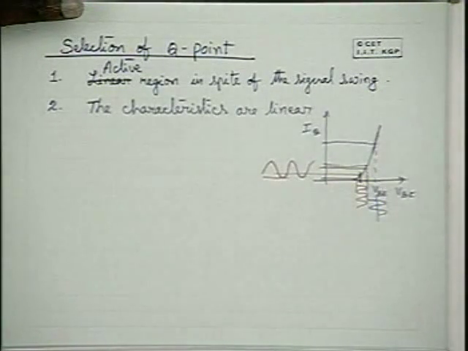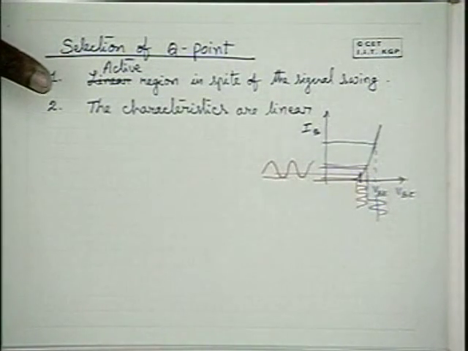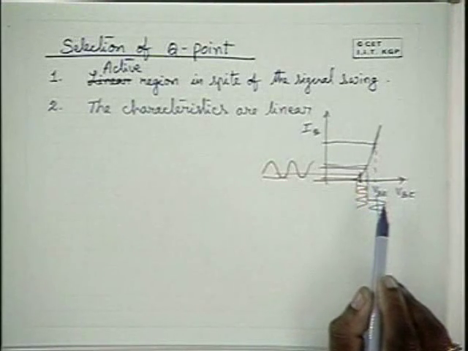Hence, it is important that the Q point is selected in the linear region for amplification applications. There are certain applications, like some nonlinear applications, where purposefully we operate the transistor in the nonlinear region.